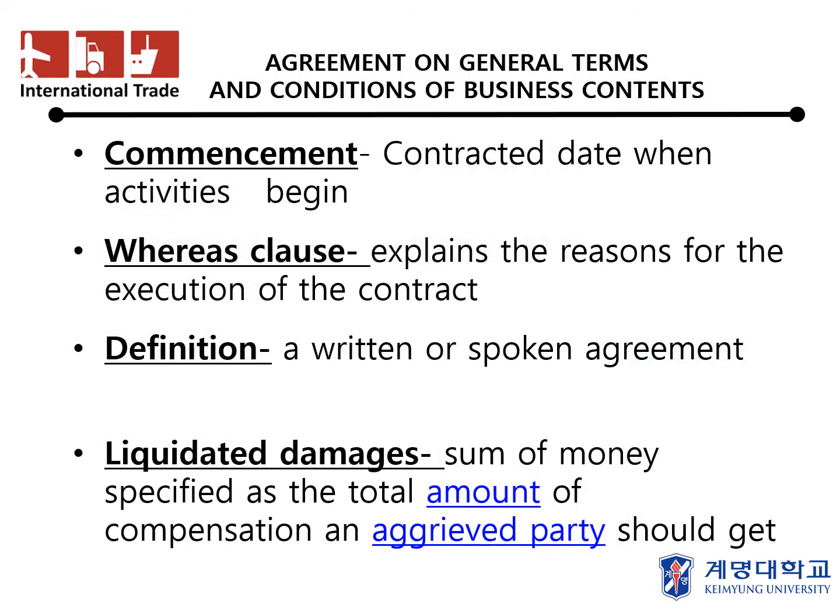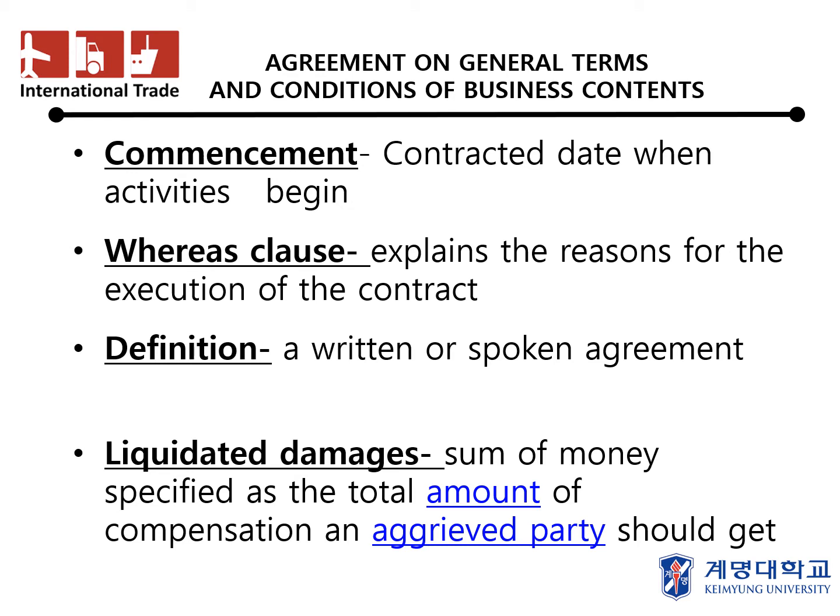Now let's proceed to the specific terms that are written in the contract. I am not saying that all of these terms are in the contract, but it depends on the format of the contract that the buyer and seller are going to use. The first one, normally the first part of the contract, is the commencement.